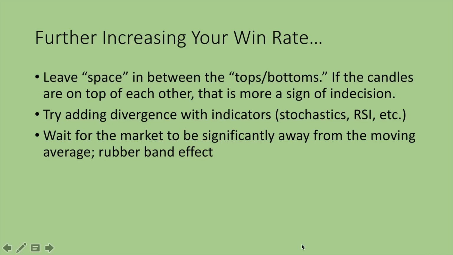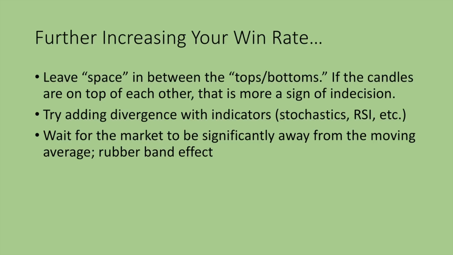The last thing you can do to further increase your win rate is wait for the market to be significantly away from the moving average. I want you to think about this logically, and I'm trying to help you understand the reasoning behind moving averages. A moving average is exactly what it is: the average that the market is staying around.